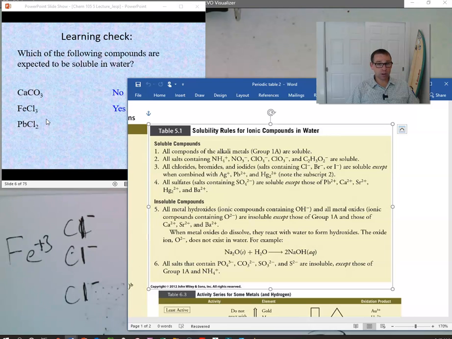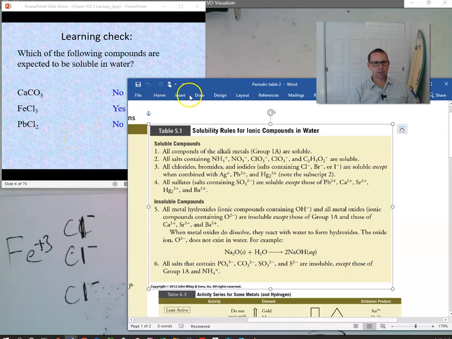And lead 2 chloride, because the lead ion has a +2 charge, because each chloride ion has a -1 charge. Very good. Lead 2 chloride. And what did you decide? Yes, soluble, or no, insoluble? No. Okay, what rule? Rule 3. Chlorides are generally soluble, except there are some exceptions, and lead is one of them.